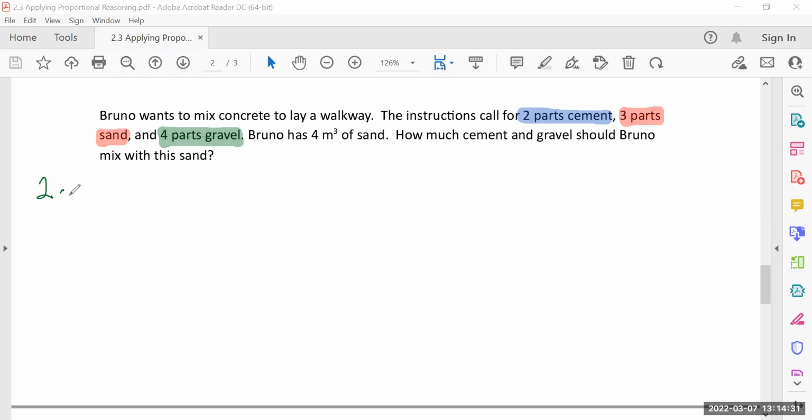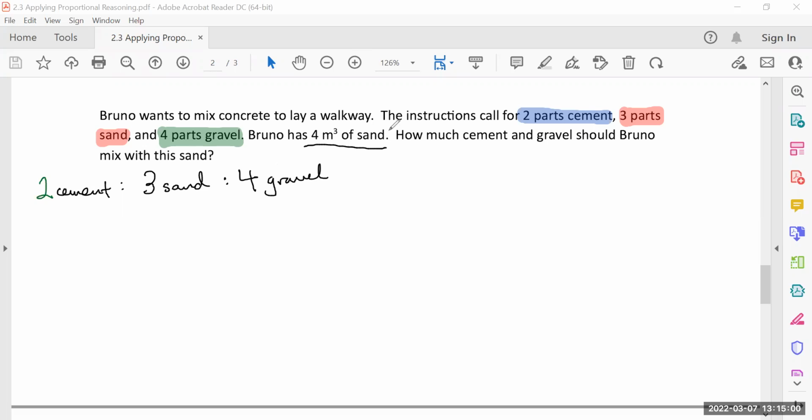We have 2 parts cement, 3 parts sand, and 4 parts gravel.